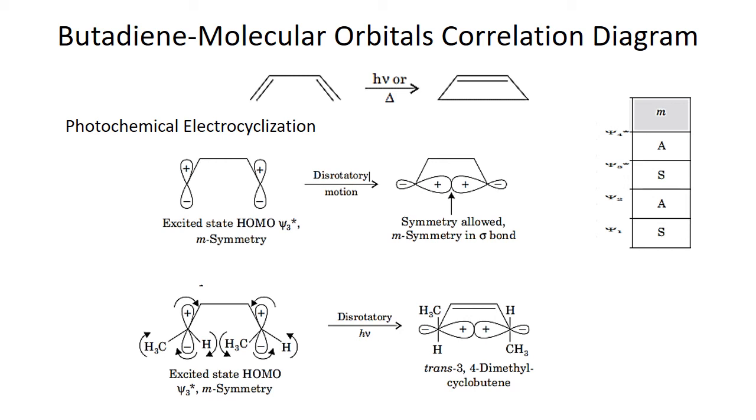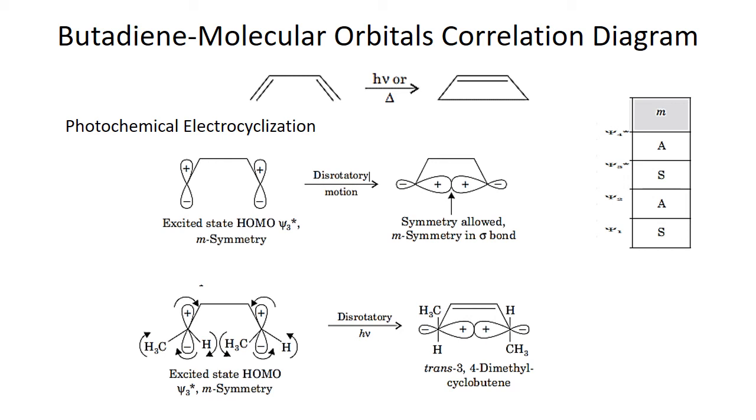Coming to the next point, the excited state HOMO goes through disrotatory motion, because when orbitals are moving, they have to come together to make the sigma bond. At first it had a triangular kind of geometry, because it was sp2 hybridized carbon, and the CH3 and hydrogen were 120 degrees apart.